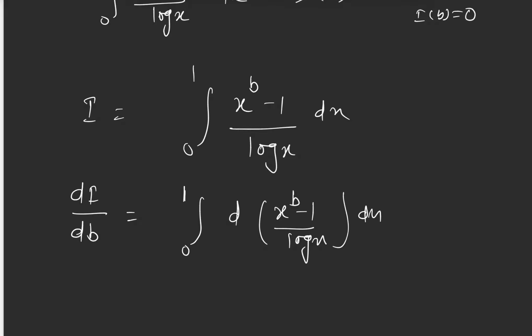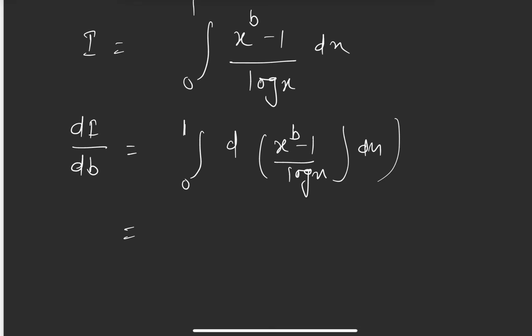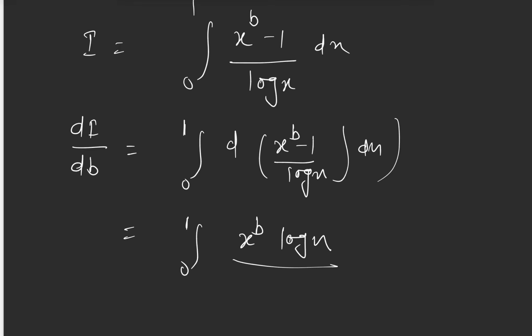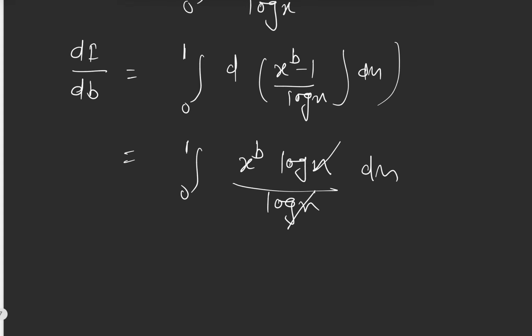Be careful, with respect to b I am finding the differentiation. So a power x type means x power b log x, minus 1 differentiates to 0, and log x in the denominator. So this and this are gone, and we get x power b dx.